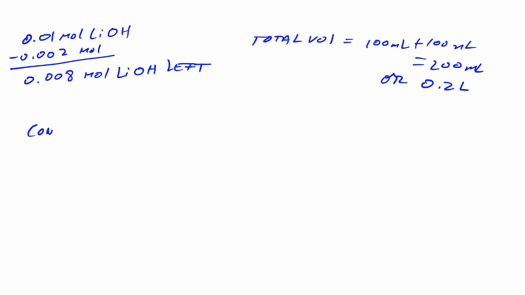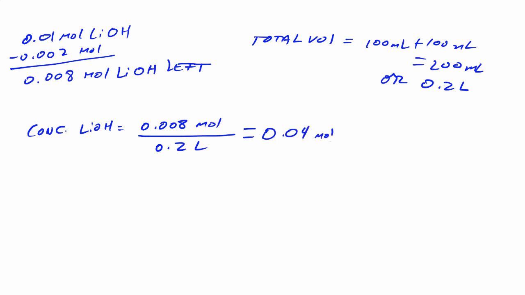The concentration of LiOH in solution is going to be 0.008, that's how many moles of lithium hydroxide are left, divided by 0.2 liters. And we're going to get a concentration of 0.04 molar lithium hydroxide. Now this is the concentration of OH in there, because remember this dissociates completely.